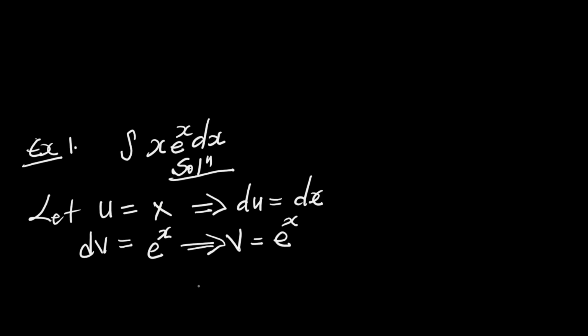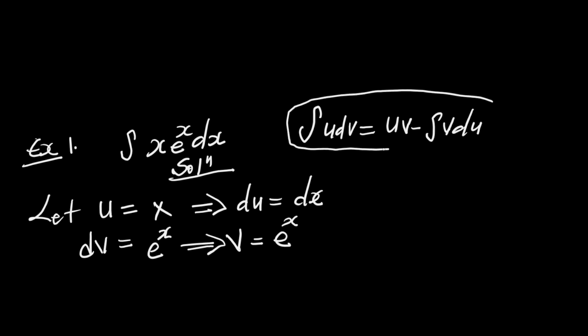Now apply the formula. Integral u dv is equal to uv minus integral v du. We have to use this formula to solve this problem.